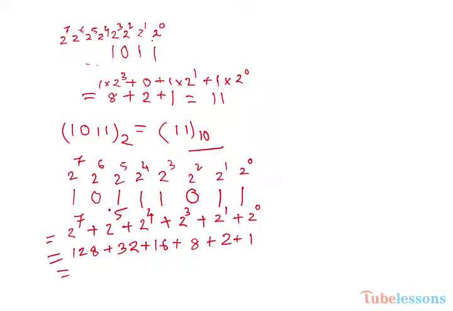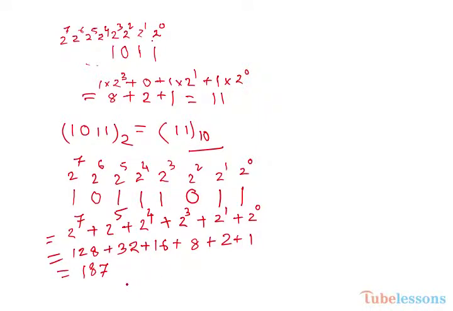Now add up: 8 plus 2 is 10, 10 plus 6 is 16, 16 plus 8 is 24, 24 plus 2 is 26, plus 1 is 27. So 7, and 2, 3 plus 2 is 5, 5 plus 1 is 6, 6 plus 2 is 8. So 8 and this is 1.